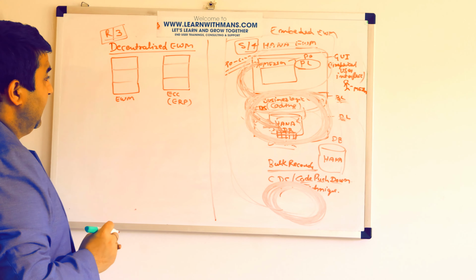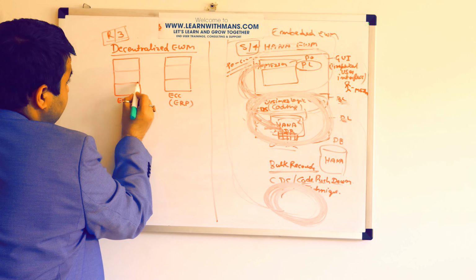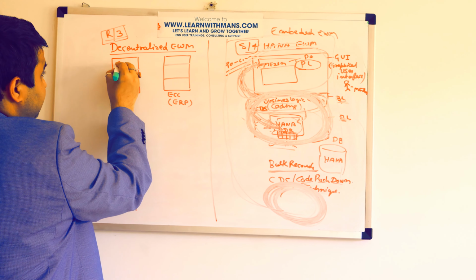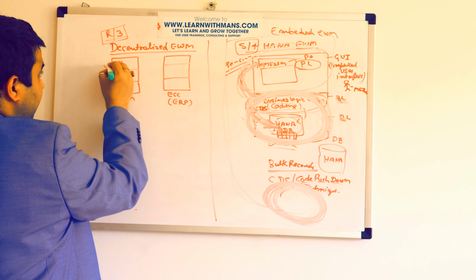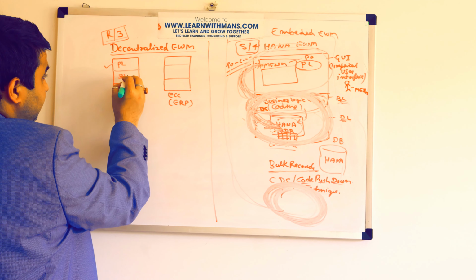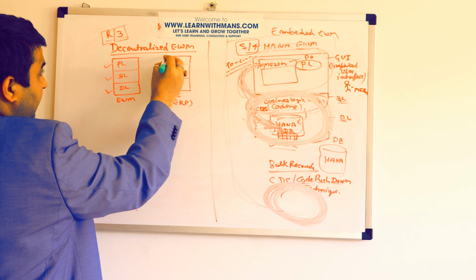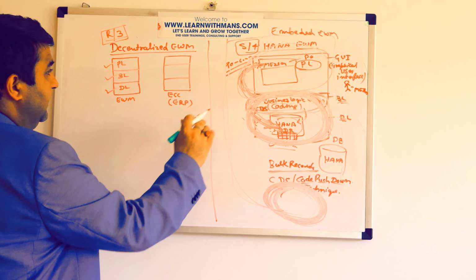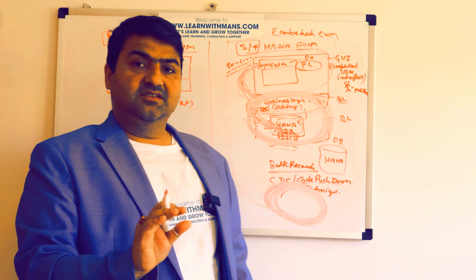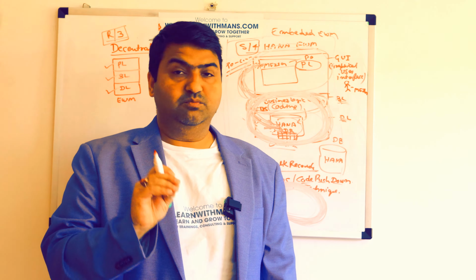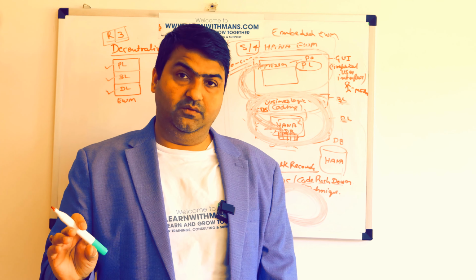In the decentralized, we have the presentation layer as a different layer, the business logic layer as a different layer, and the database layer as a different layer. This is just an example. Both systems, both sides, are very powerful.